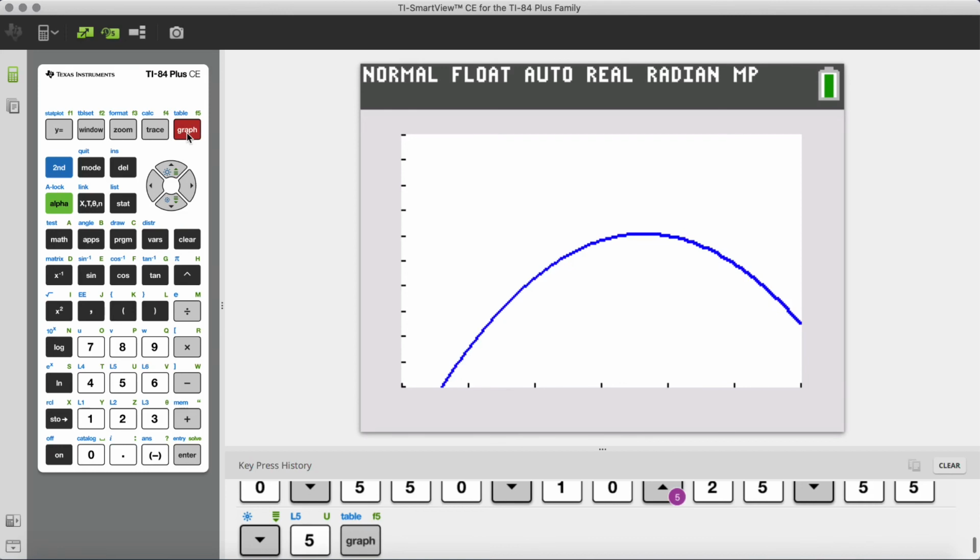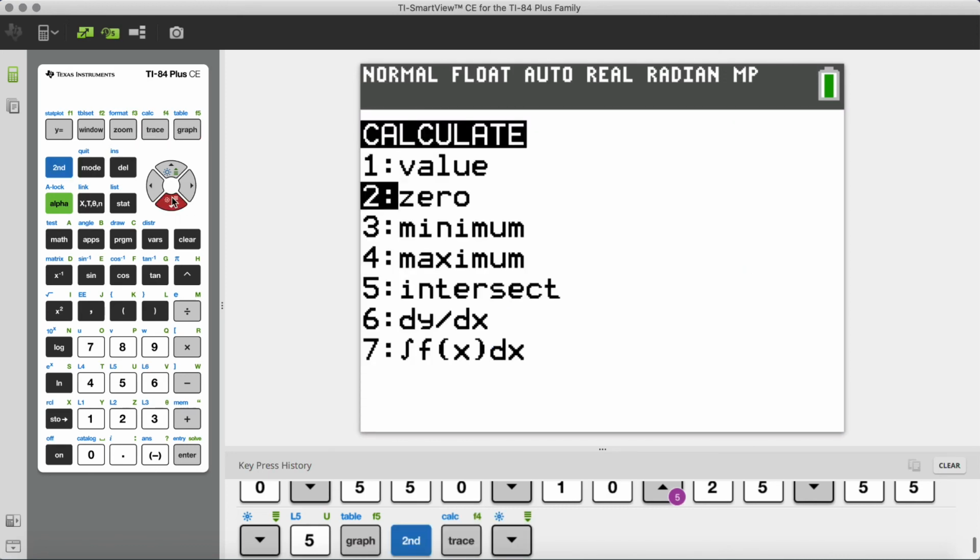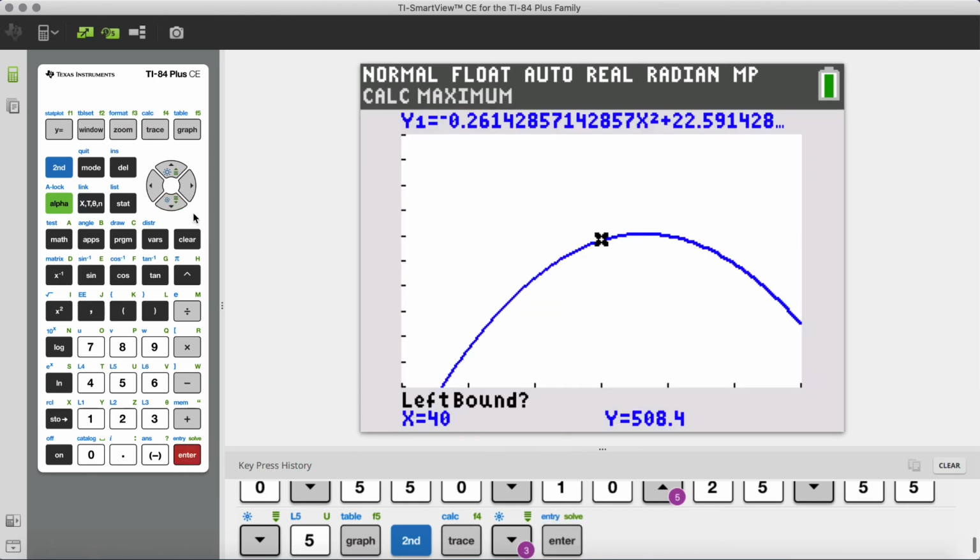Boom. All right, and the furthest distance horizontally would just be the vertex, right? We need to find the vertex, so we're going to go second calculate. We're going to go maximum. Okay, so I'm to the left for sure. Scroll over till I'm to the right for sure. Okay, we're going back down now. Click enter again.